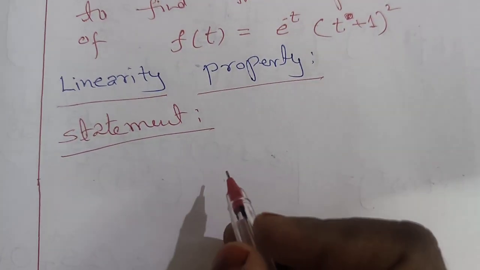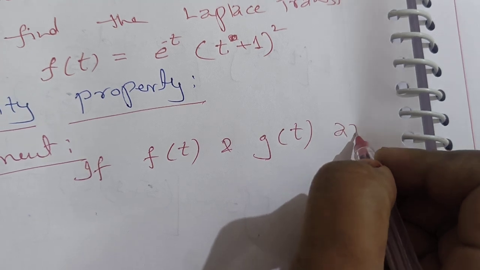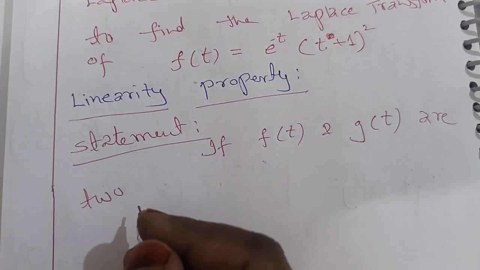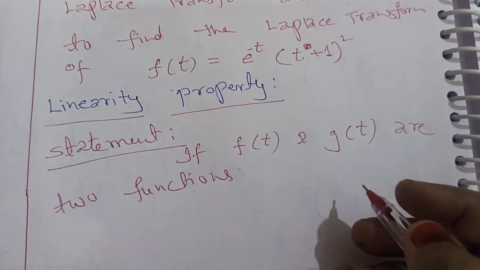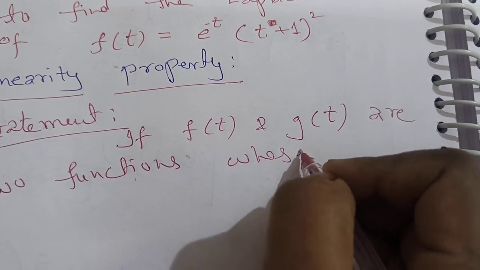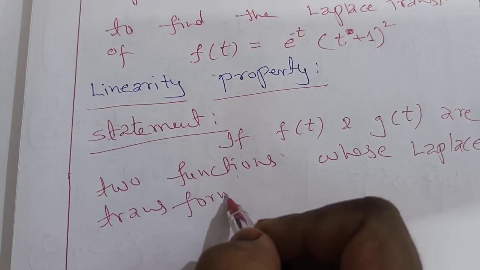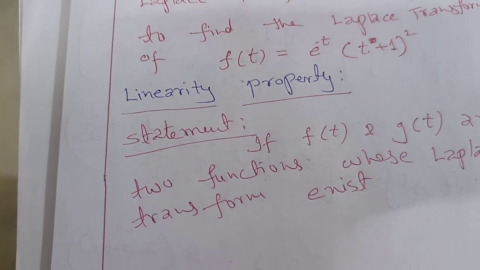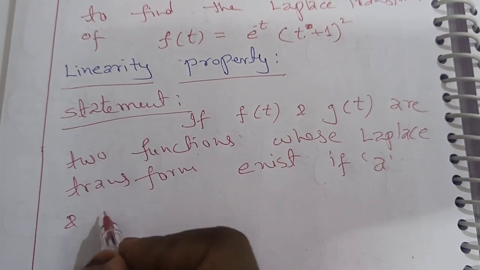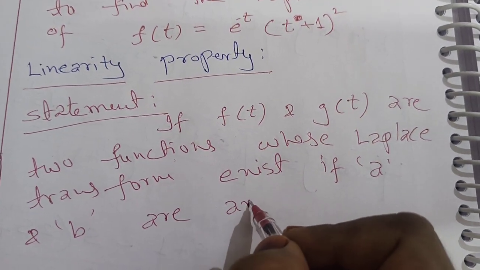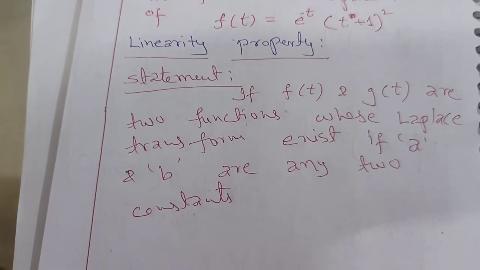So in the statement we will write: if f of t and g of t are two functions whose Laplace transform exists, and if a and b are any two constants, then we have to prove this condition.